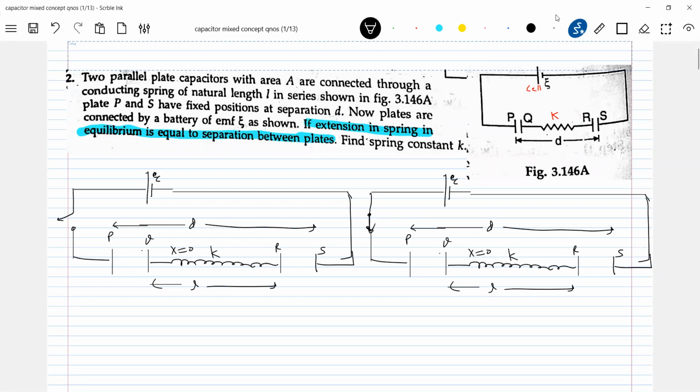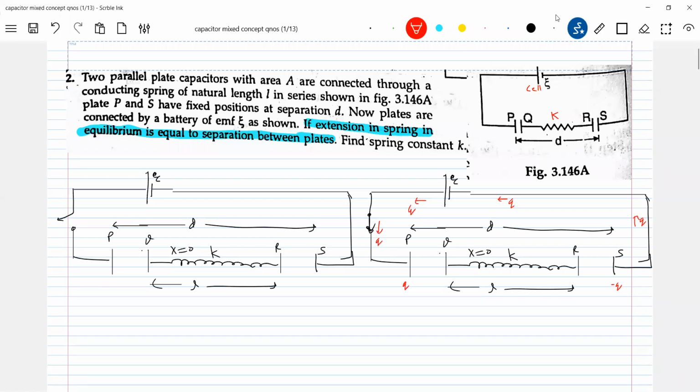It will induce a charge, plus Q here and minus Q there. There will be a flow of charge in the circuit. Got it, no? Because of the charge deposited on the plates, electrostatic attractive force will act. P and S are fixed, so they can't move, whereas Q and R are movable.